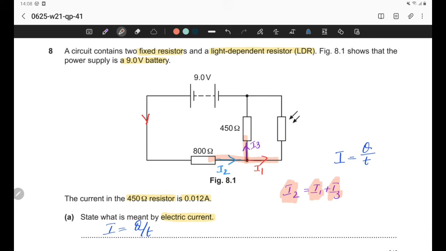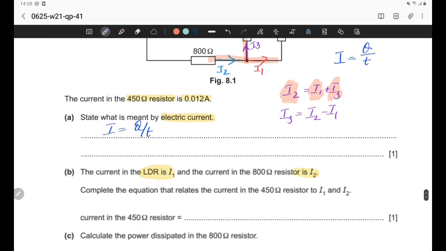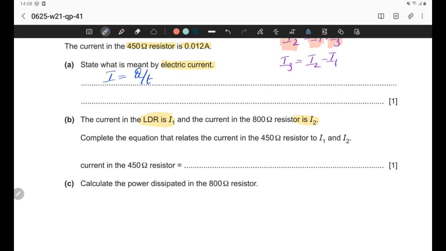So I1 plus I3 must be I2. Now we need to write an equation for I3, the current passing through 450 ohm, that must be equal to I2 minus I1. So here we can write down the current passing through 450 ohm must be I2, the total current passing through 800 ohm, minus the current passing through the LDR.